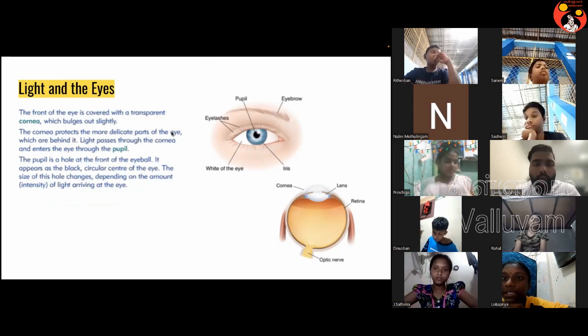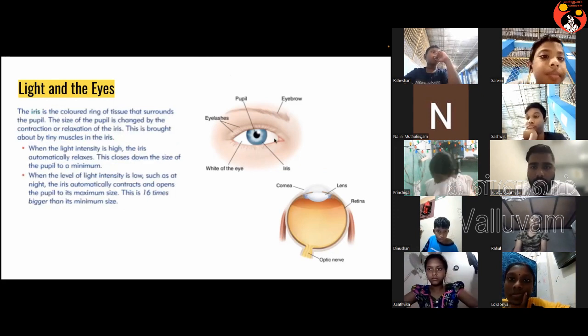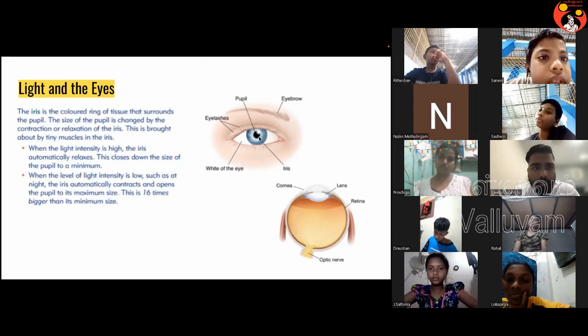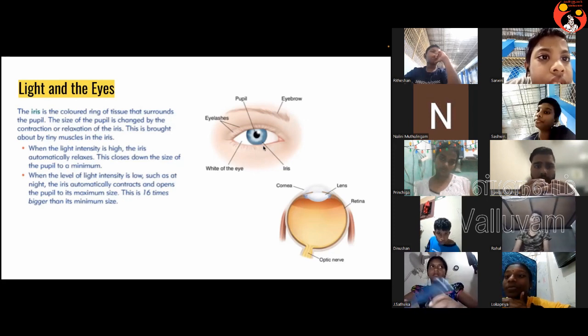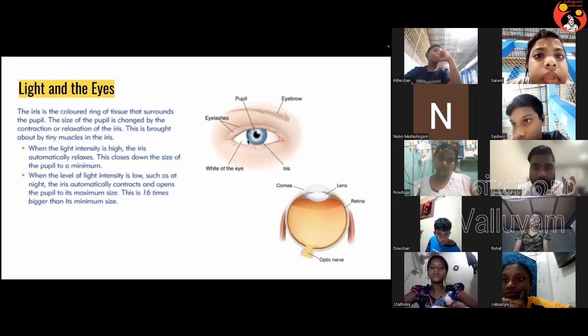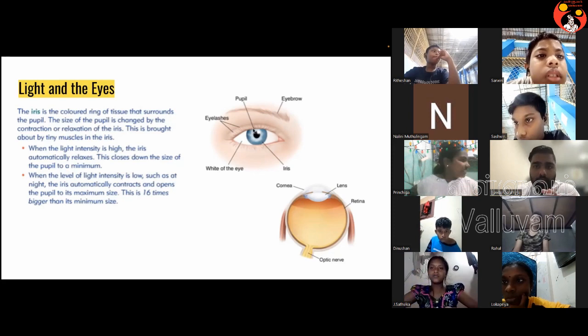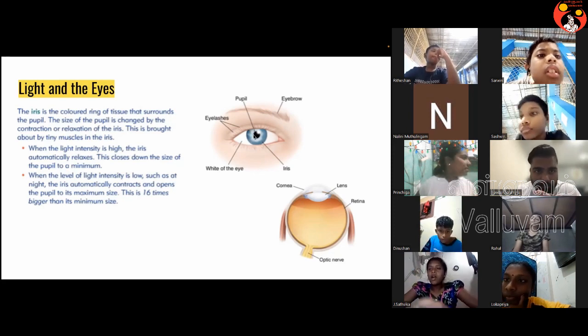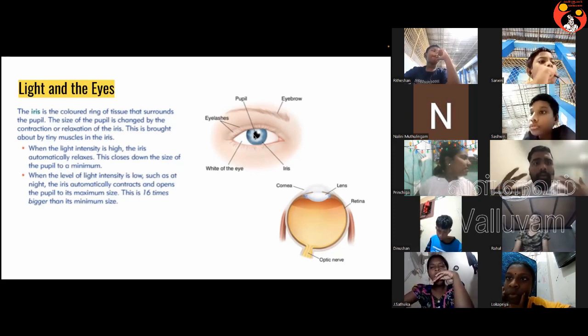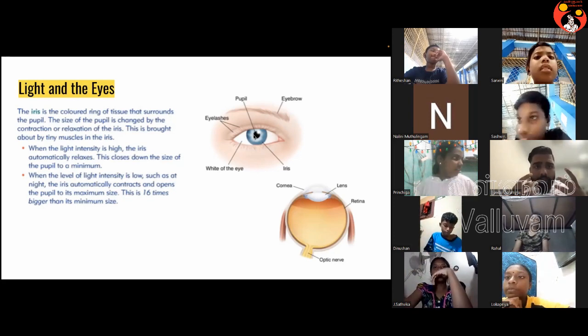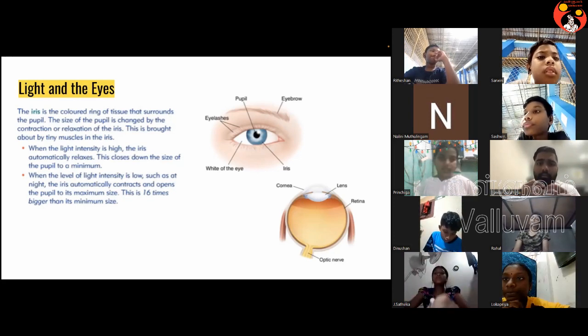Okay, cool. So the iris, which is the black part there, right? So that one is the iris, which is the outside part around the black, which is the pupil. Those have muscles in them, right, which contract and relax.